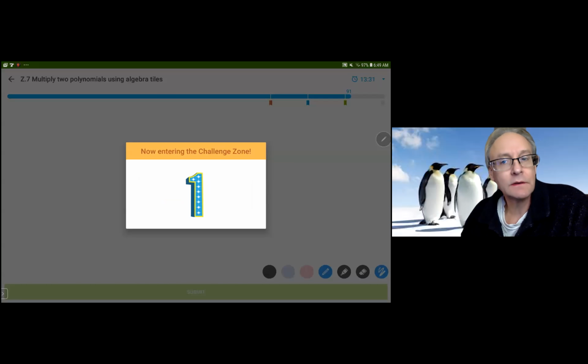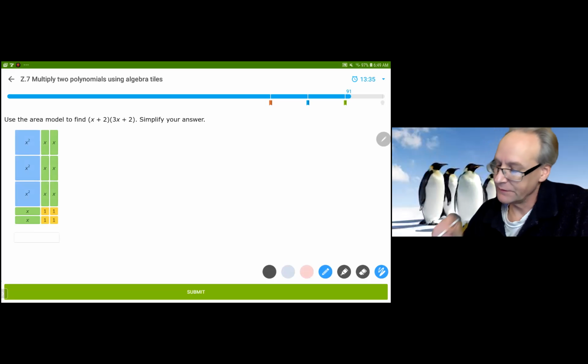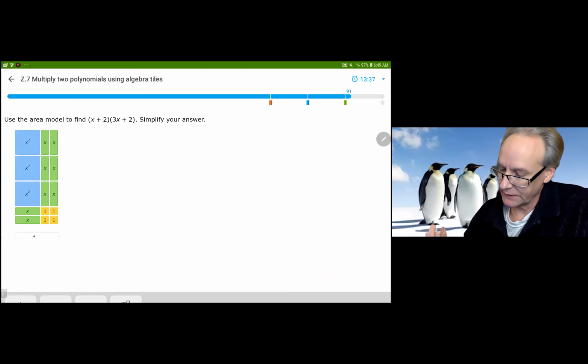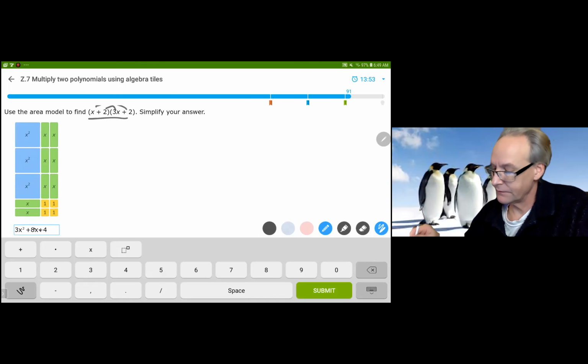Okay, we're getting there. Let's see what we got. Okay, we're supposed to multiply these. We've got 3x squareds there. We've got 6 and 2 more makes 8x. And we got a 4 at the bottom. There they are. 6 and 2 makes 8, sure enough.